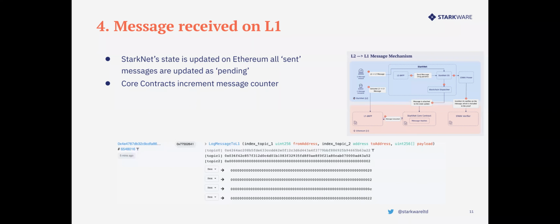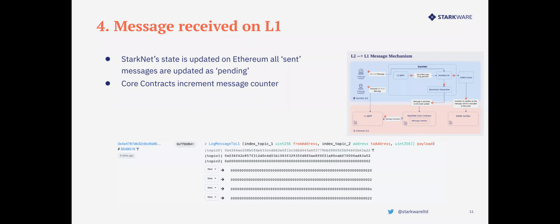And in addition, we have the messages. So all of the messages that were sent to L2 are registered on this contract. And also there is an event that is emitted and lets us know that the message has reached L1 and it is now ready to be consumed.